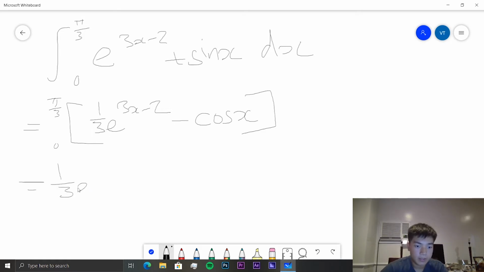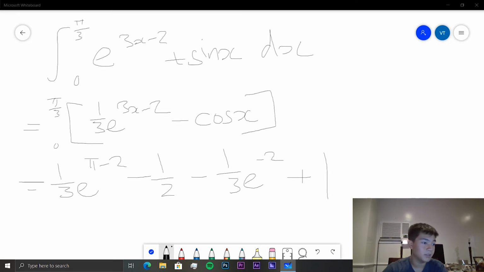So this is equal to 1/3 e to the pi minus 2 minus cosine pi over 3. Cosine pi over 3 is equal to 1/2, minus 1/3 e to the negative 2 plus cosine 0, which is 1.